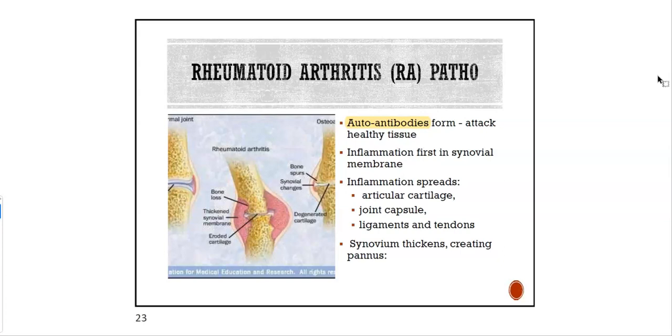The inflammation keeps on going, and it's really a negative cycle. The more damage it's causing, the more inflammation it's going to have, and then that inflammation is going to cause more damage. So it's just a continuous cycle. And so the synovium thickens and it creates pannus. Pannus is really that area of broken down, thickened cartilage.